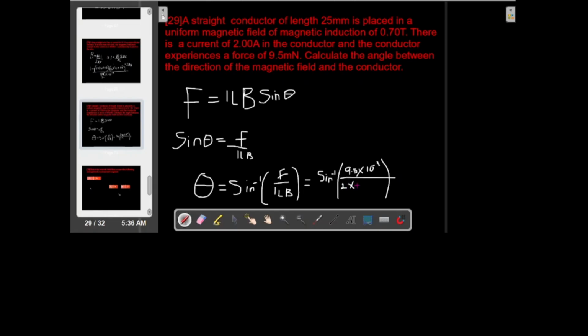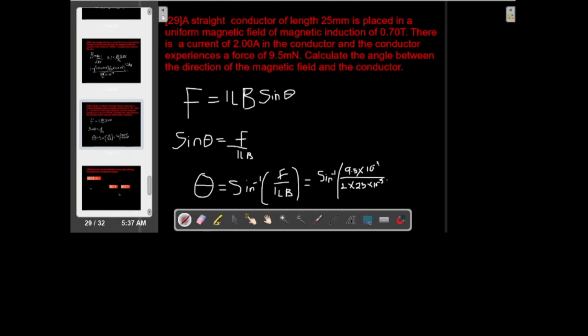After converting millimeter to meter, that is dividing by 1000, that should be 25 times 10 to the power of negative 3. Good, so let's proceed.